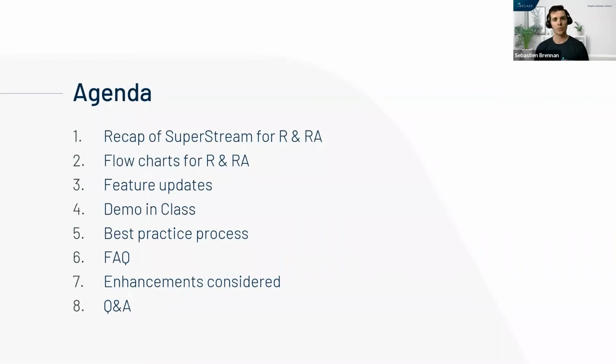I'll then take you through some of the features and improvements that we've recently introduced around SuperStream, and then we'll take you through a demo of the Class functionality to show and share some best practice tips. Finally, we'll finish up with covering frequently asked questions, as well as showing you some future enhancements that we're considering for SuperStream. So plenty to get through today.